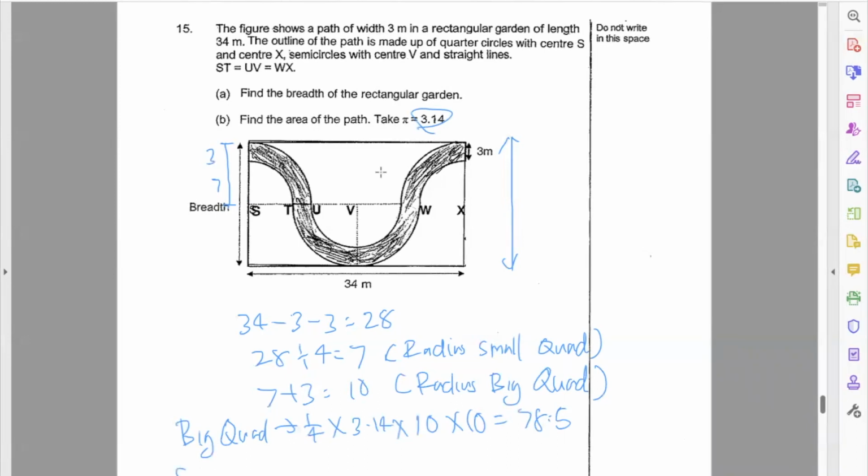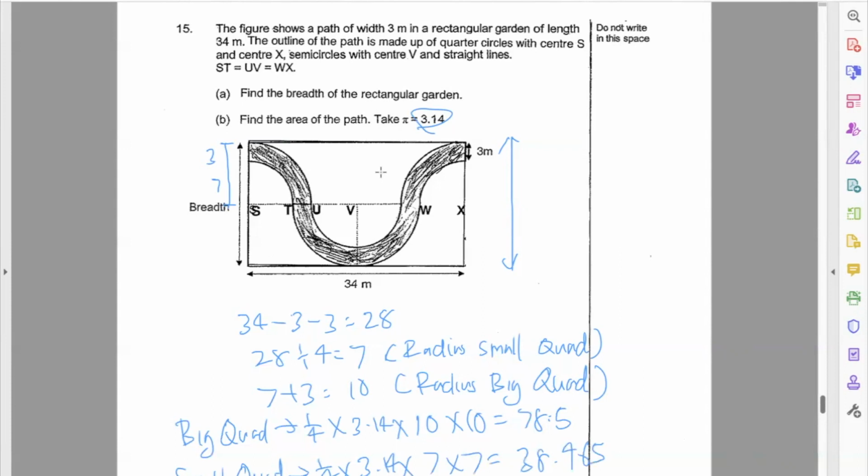Area of the small quadrant, 1/4 times pi times radius, 7 times 7, you get 38.465. So this is the area of the small quadrant.